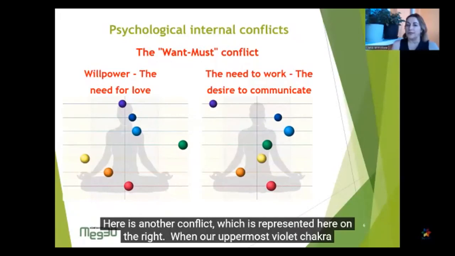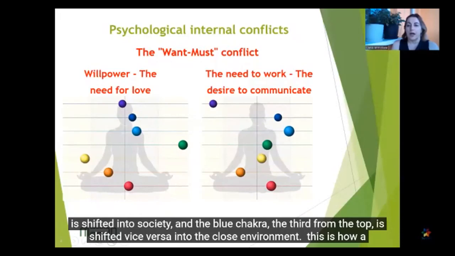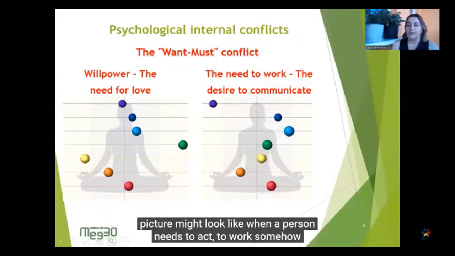And here is another conflict, represented here on the right, when the uppermost violet chakra is shifted into society, and the blue chakra, the third from the top, is shifted in the opposite direction, to the internal environment.